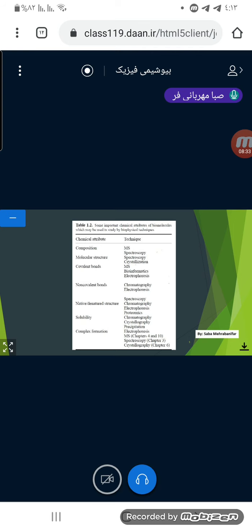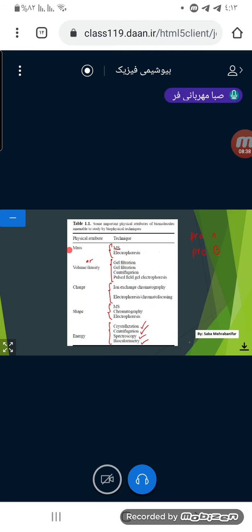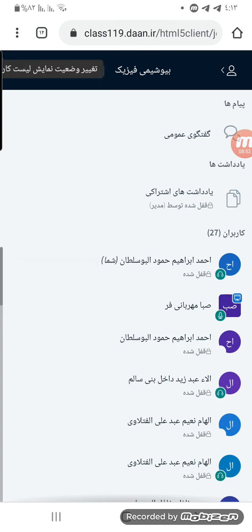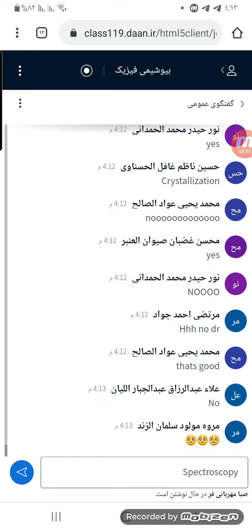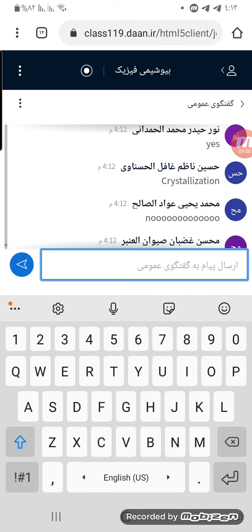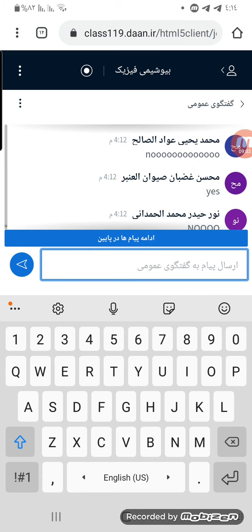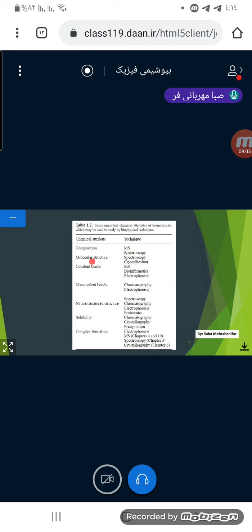These were physical attributes, some physical characteristics. But now I want to talk about chemical characteristics.